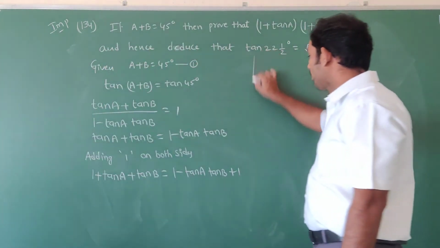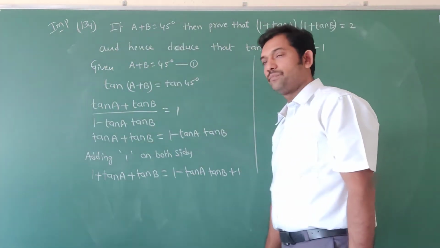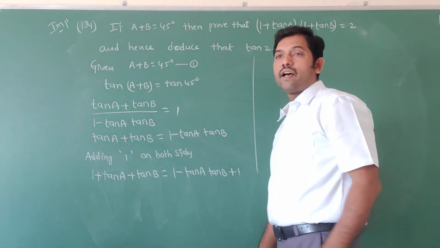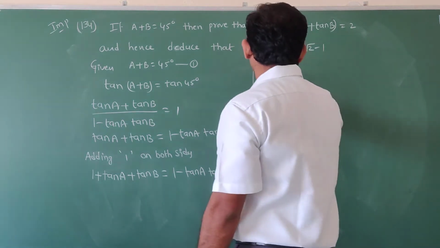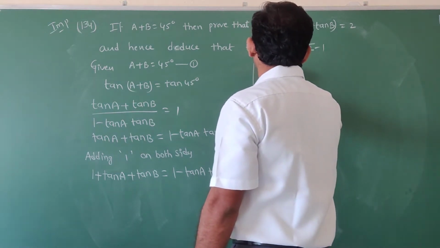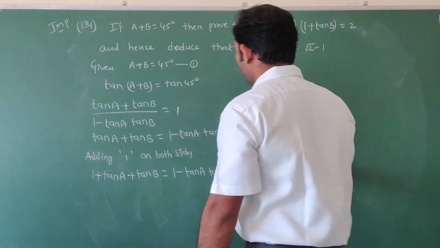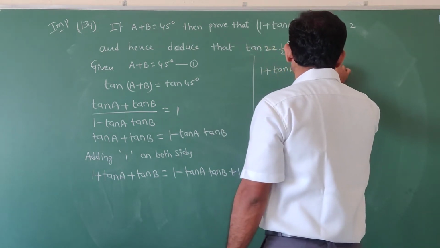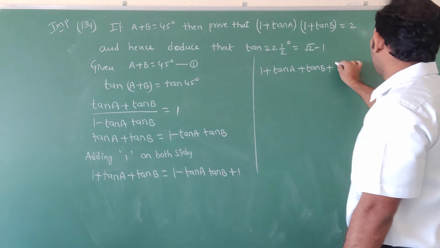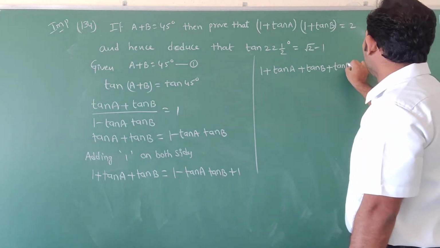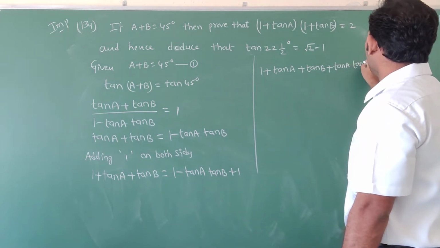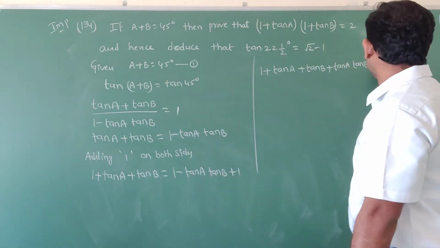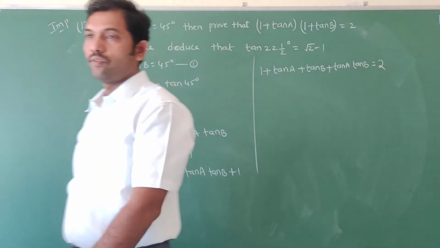Next, write all tan values on one side. So minus tan A tan B, write on the left hand side, means 1 plus tan A plus tan B plus tan A into tan B is equal to 1 plus 1, that is 2.